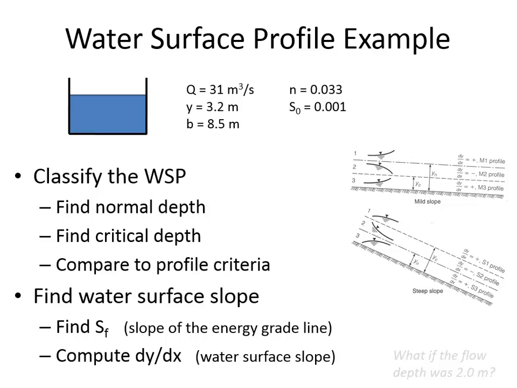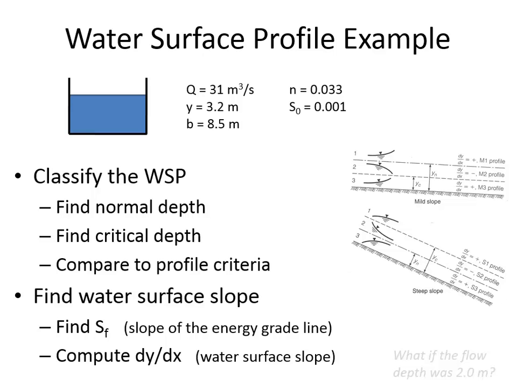And then the second part of it, find the water surface slope. That is where you're going to need to calculate the Froude number. For the water surface slope, you're going to be applying dy dx is equal to S naught minus SF over 1 minus Froude number squared.